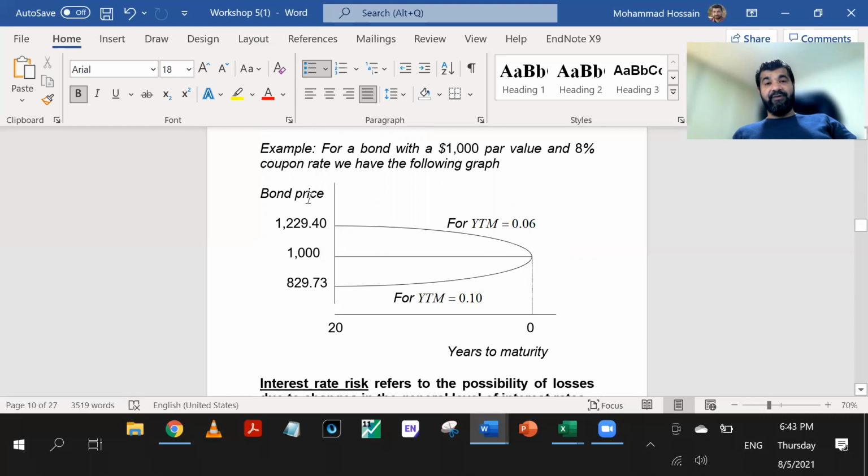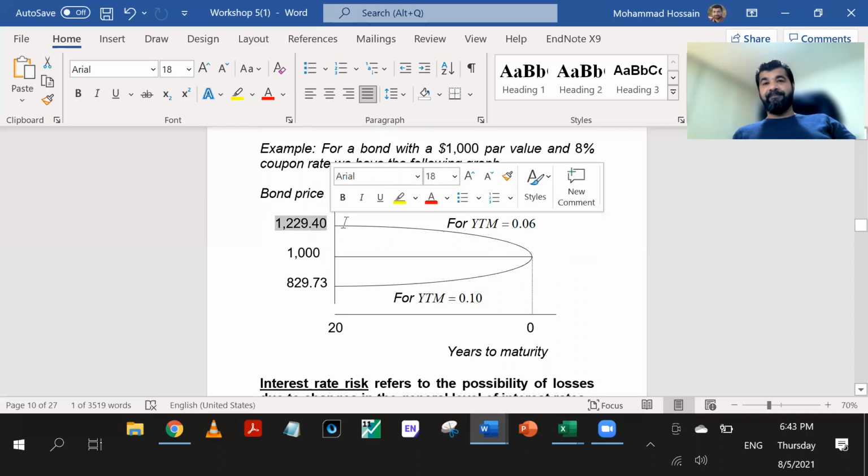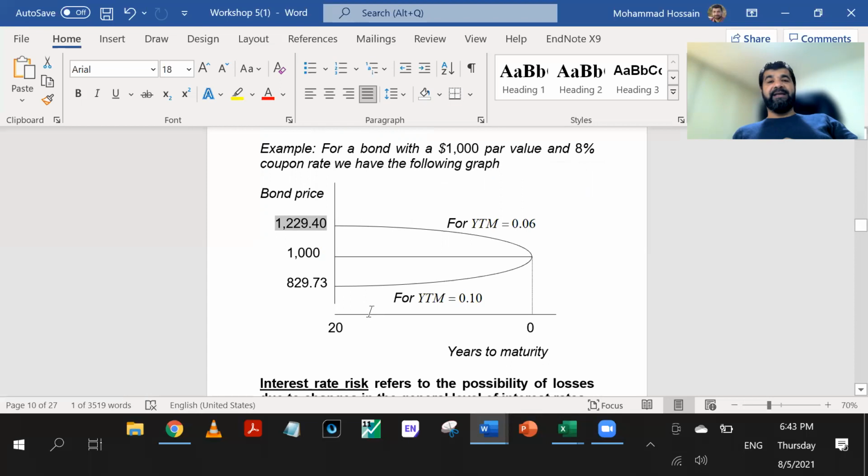You can see here the bond price is 1,229.40, slowly dropping. It also happens that you can purchase something at $829, and it will go high too.